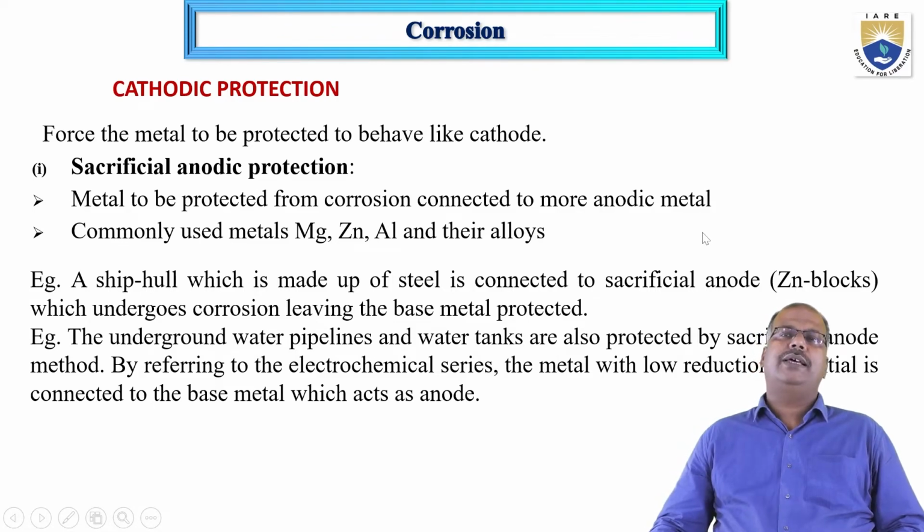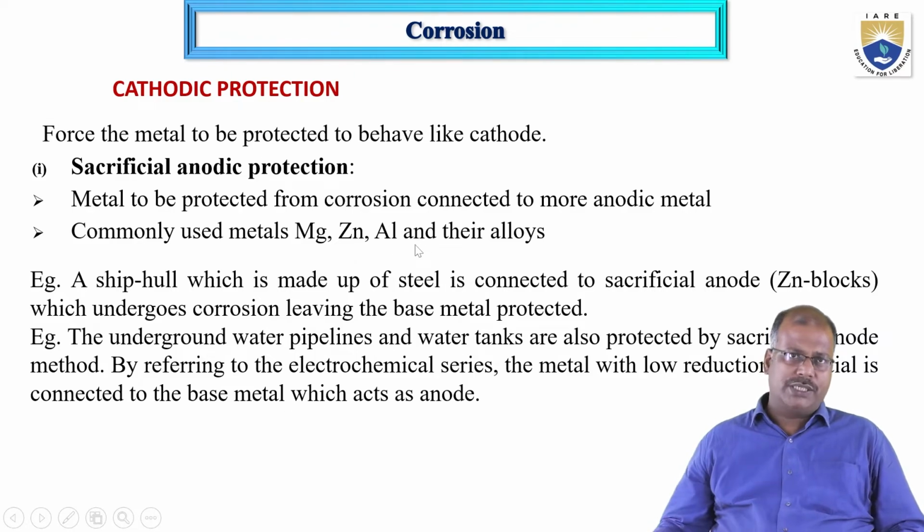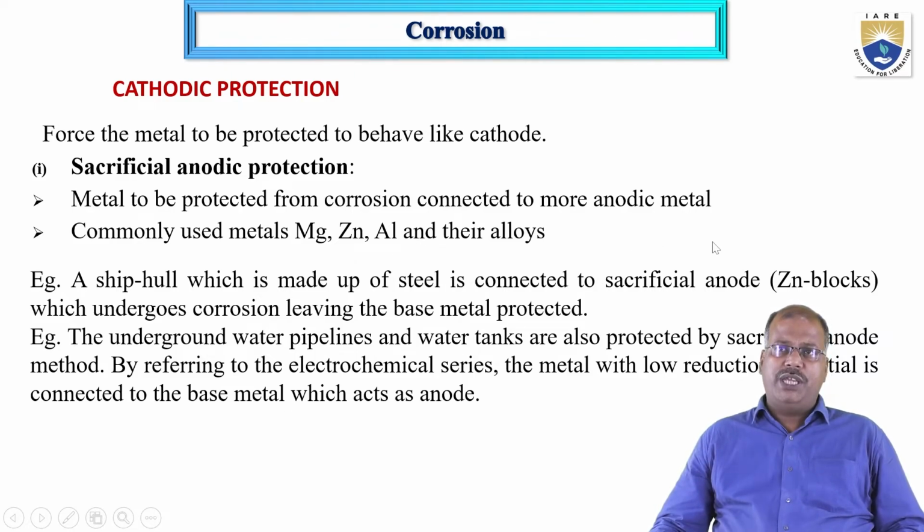For example, steel bodies made up of iron, if connected to highly anodic magnesium or zinc or aluminium and their alloys, the steel body is prevented from corrosion, because by connecting it to more anodic and more active magnesium or zinc or aluminium and their alloys, the steel structure has become cathode.